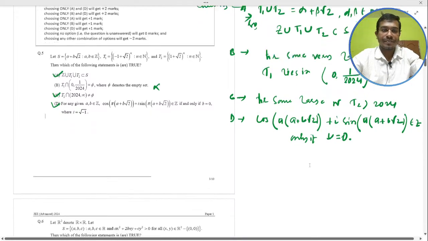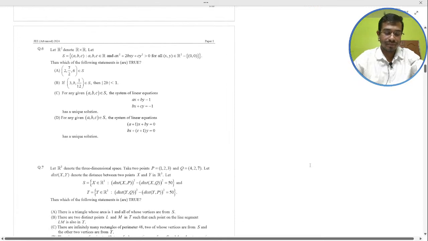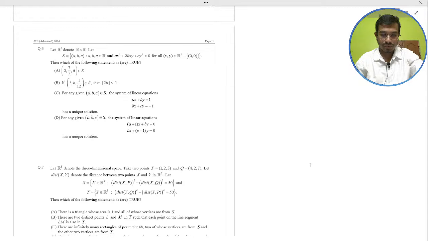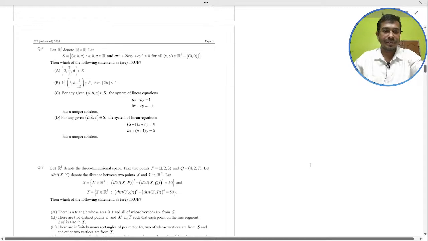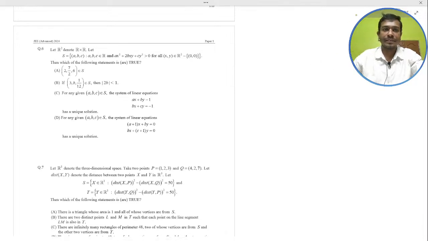Go ahead to the next question. Question number 6. Let R square denote R cross R. Let S be the set of a, b, c such that a, b, c belong to R and ax square plus 2bxy plus cy square is greater than 0 for all x, y belonging to R square minus 0, 0.